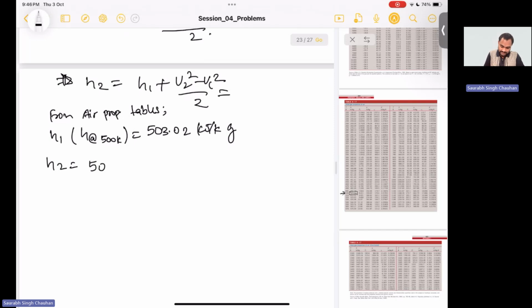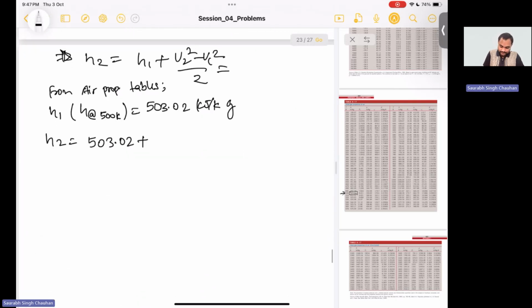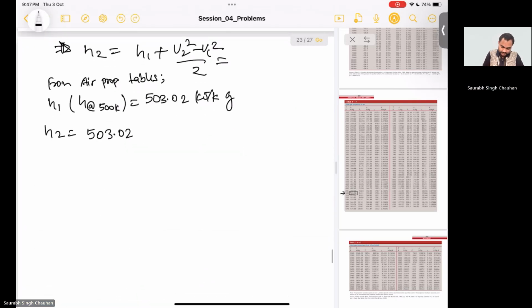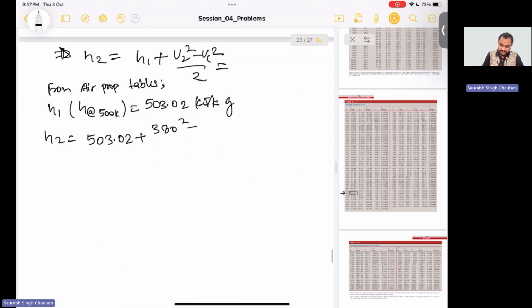So H2 will be 503.02 plus V2 is how much? 380. 380 square minus 120 square, right?